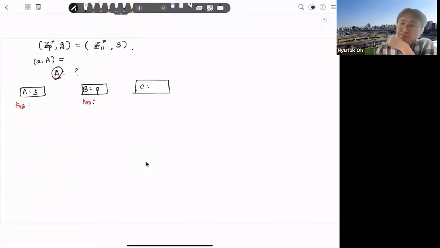You have to do mod 11. So 25 mod 11, which is 3. And here also 5 to the 2, 3. So both parties have the same key value.